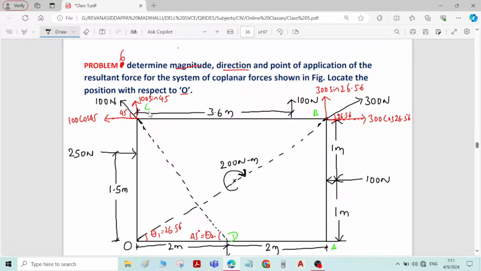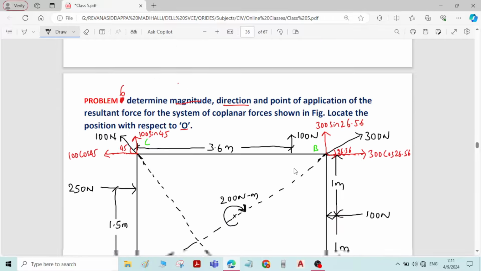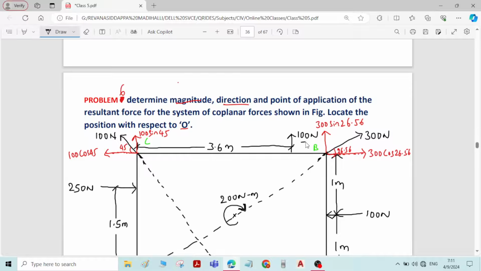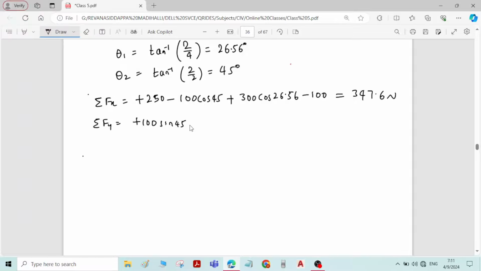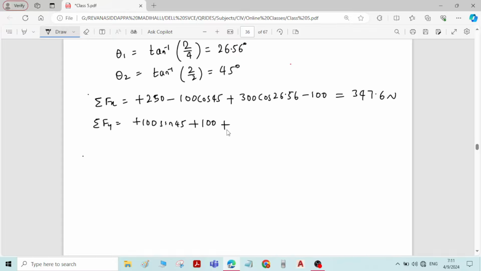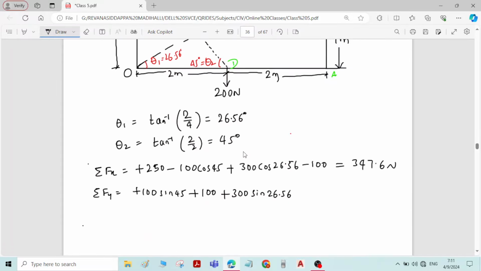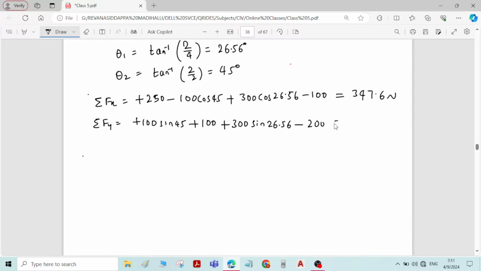So we have 100 sin 45 acting in upward direction, sign is plus, 100 sin 45, and we have 100 Newton force here acting in upward direction, plus 100, then we have 300 sin 26.56 acting in upward direction, plus 300 sin 26.56, then we have 200 Newton force acting in downward direction, minus 200. Answer is 104.85 Newton.